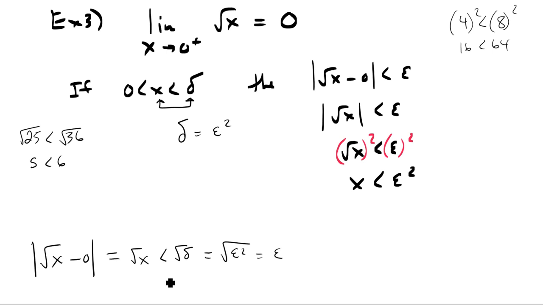So what did I prove? Given any epsilon whatsoever, I pick a delta which keeps the epsilon condition true. In other words, I've just proven this, which was my original statement.